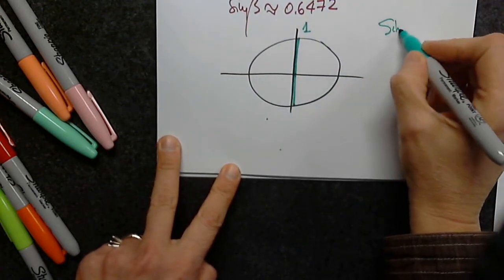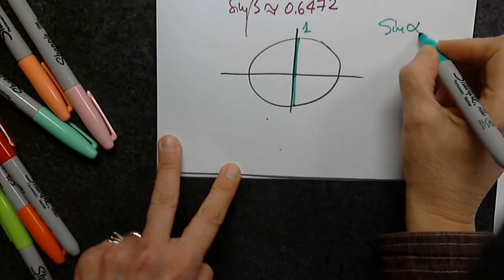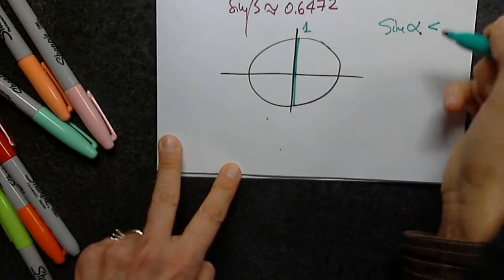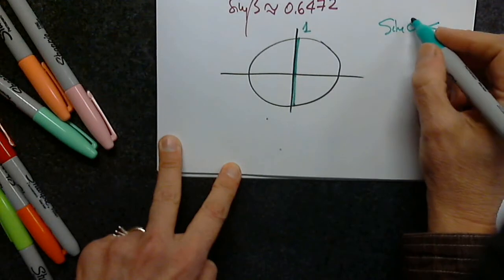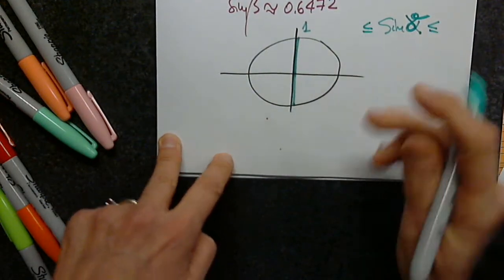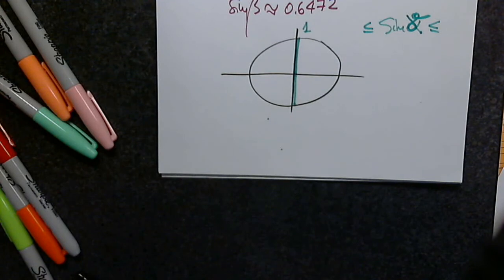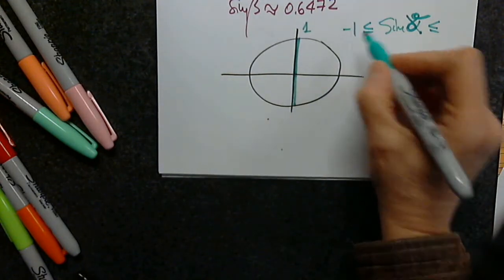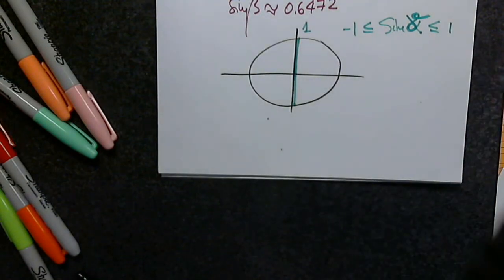So sine of any angle, let's not use alpha, I don't want you to think that I'm talking about that, so I'm going to use gamma, is always a number between negative 1 and 1. We say that this function is bounded.